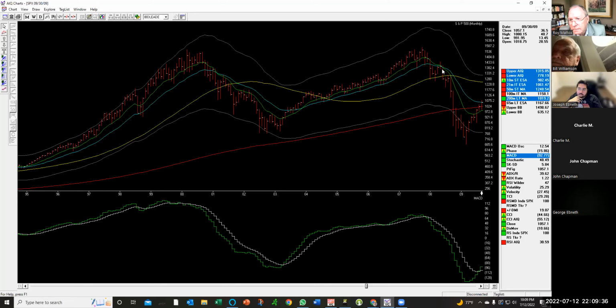Yeah, that's what I've seen: on both of those corrections, we ended up 40% below the 50-month, I believe. So that's why I'm so reticent of buying when there's no merchandise. You're trying to squeeze blood out of a turnip, and the environment's not right.